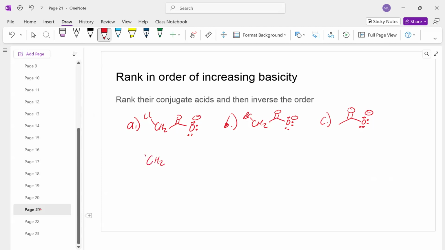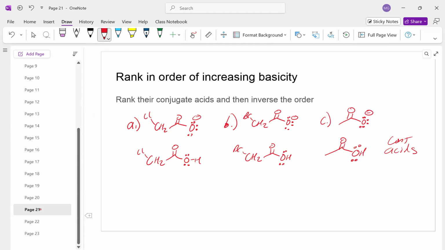So I'm going to put a proton on those charges. Okay, so these are the acids. You can look at them as the conjugate acids to those bases. And I'm going to rank these.